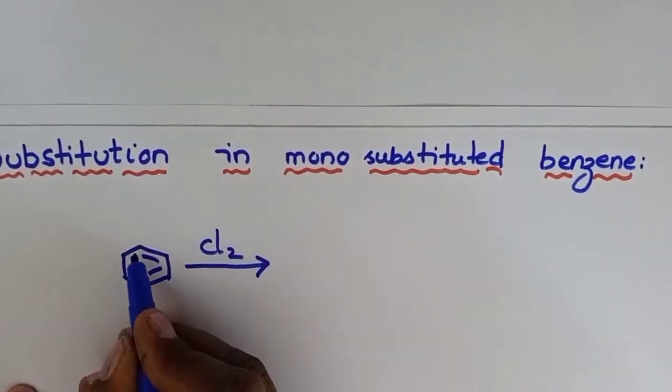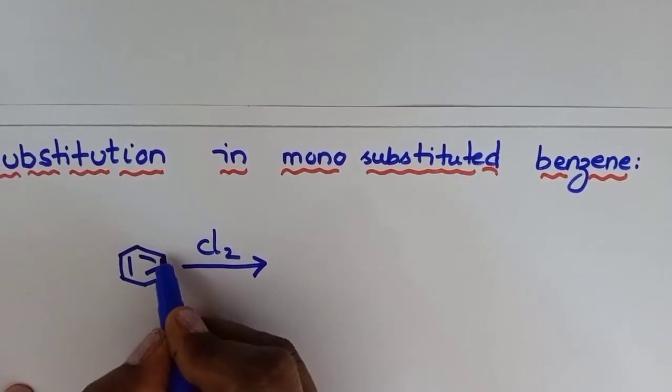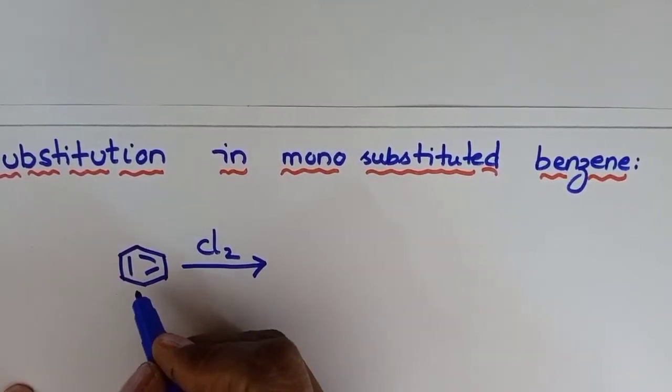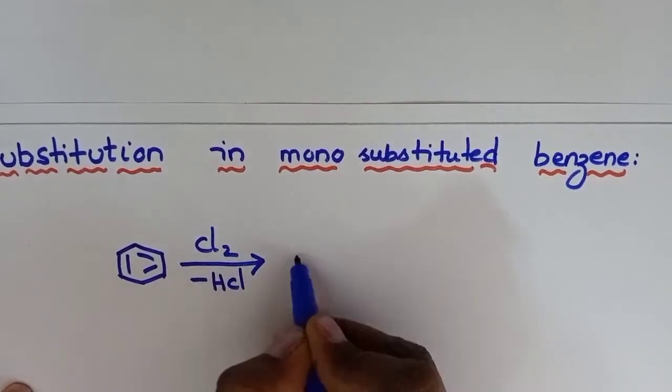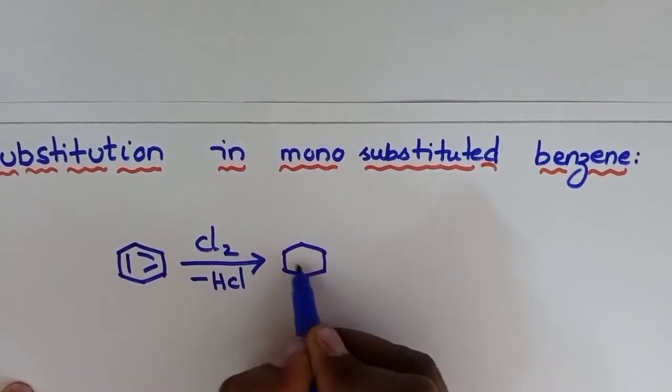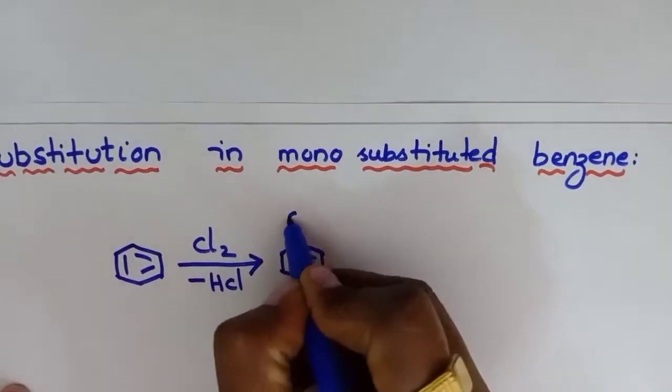One of the hydrogens, this hydrogen or this or this, any one hydrogen and one chlorine atom comes out as HCl, and the other chlorine atom gets substituted here.